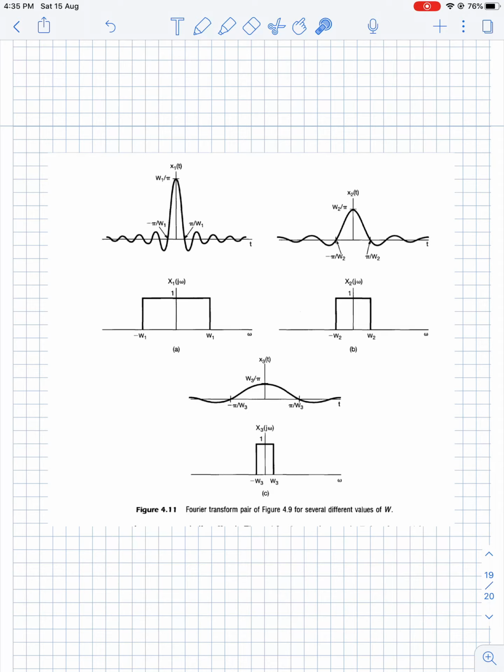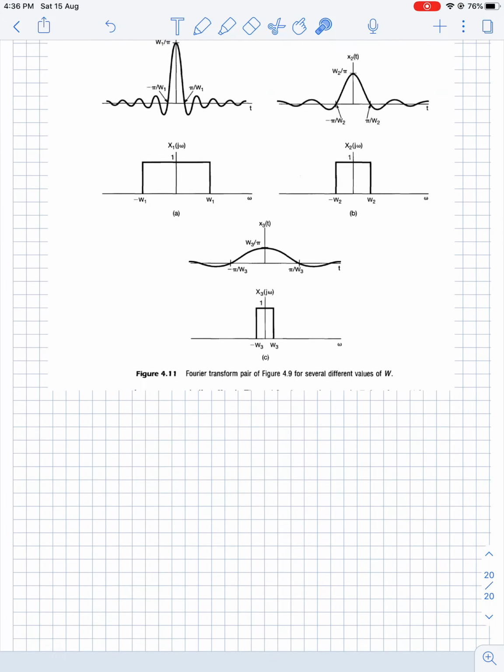Whether this was in time and this in frequency, or the other way around, you will still get the same behavior. This kind of trade-off is there: width narrower in one becomes wider in the other. We will see this later when we see the Fourier transform properties.